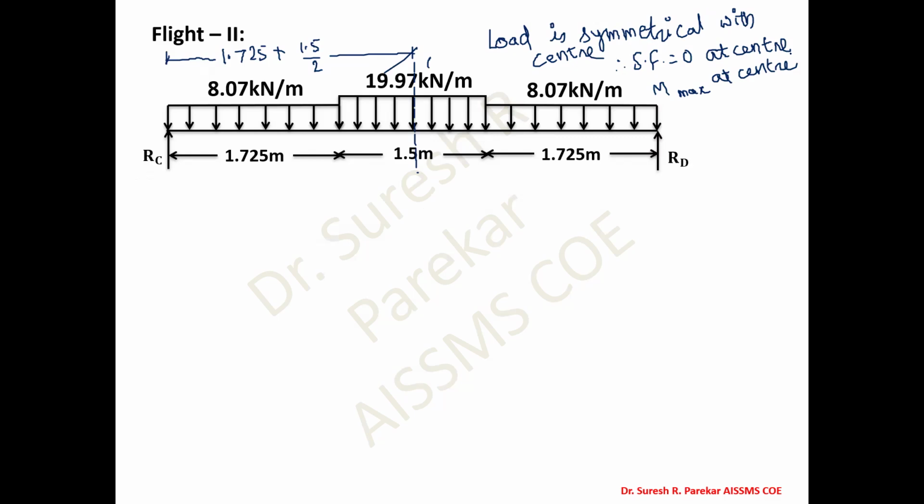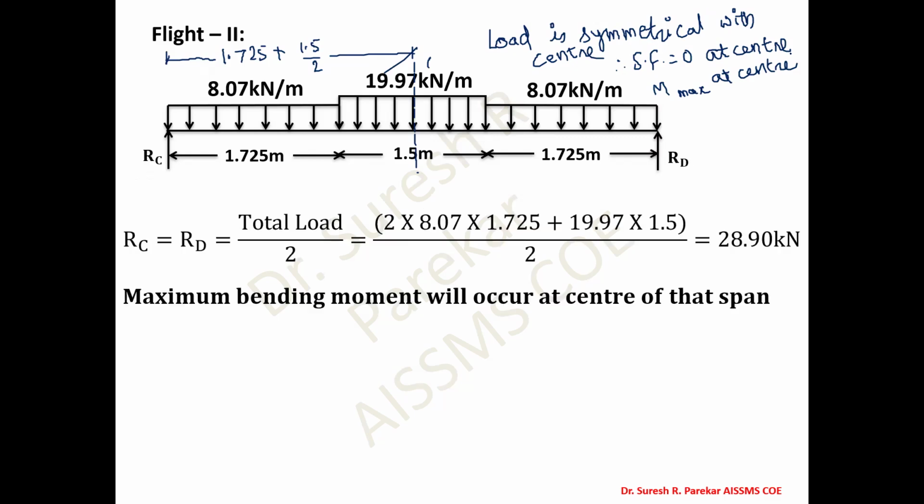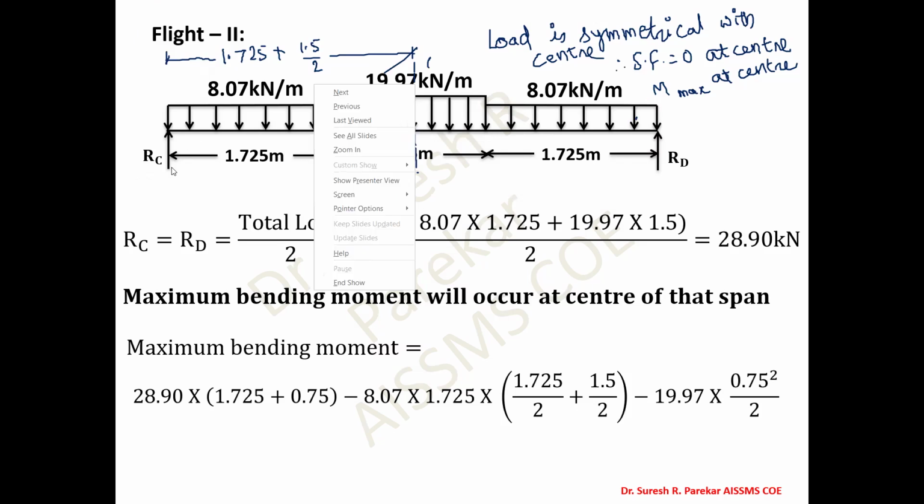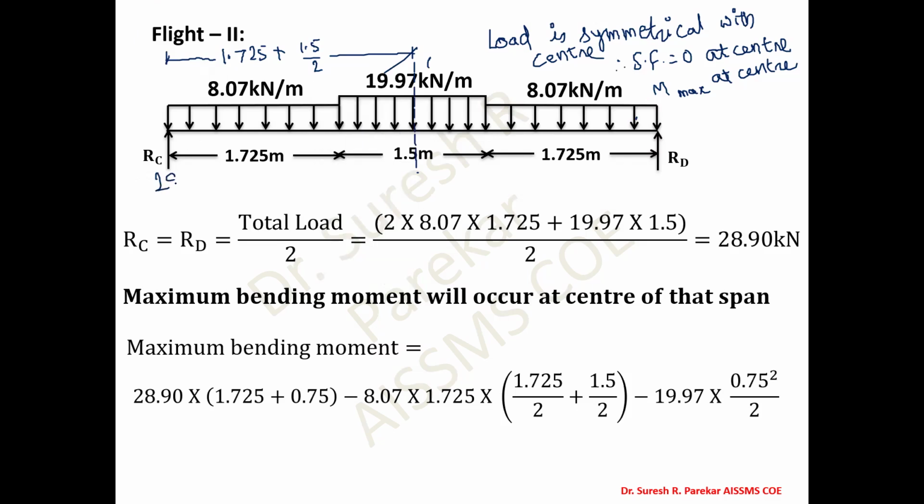And we have the same reactions, because total load will act at center if we see. Then we have maximum bending moment. We can calculate reaction. We got 28.90 kilonewton, into the distance 1.725 plus 0.75.